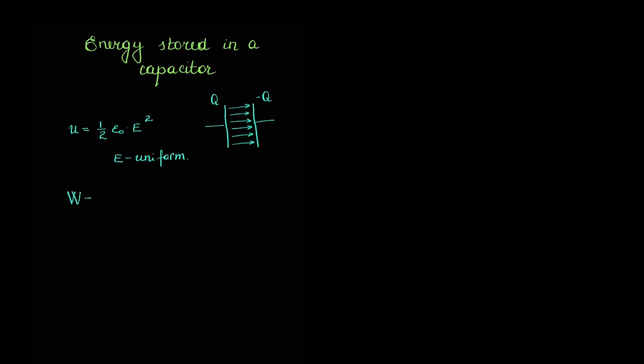So the potential energy is given by the integral of u dV. Now, if we integrate it, we get 1 over 2 epsilon 0 E squared multiplied by the volume between its plates. So it is just V, right?